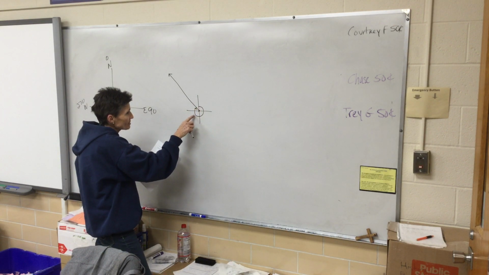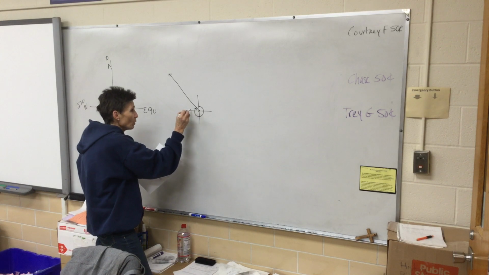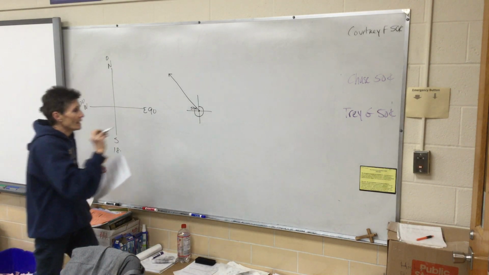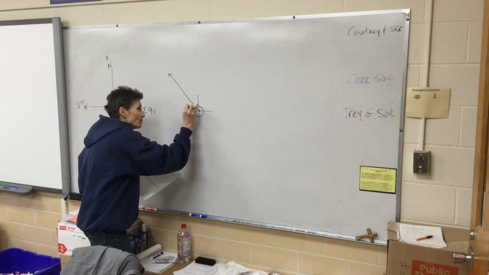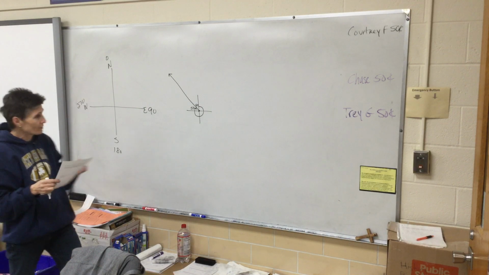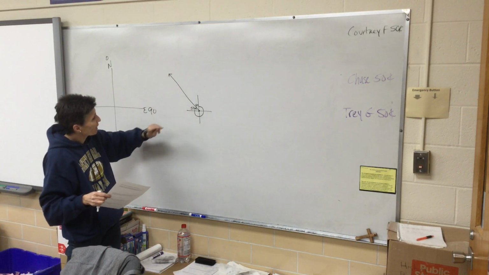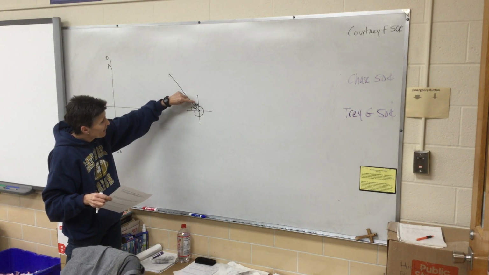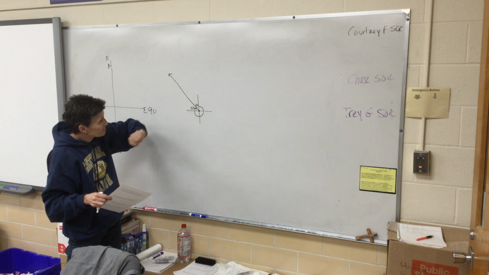If this is 270 and that's 320, wouldn't this be 50 right here? I'll make that 50, and I'll make this 40 just to remind myself. So 320 degrees is up in this quadrant, and that part would be 50, 270 plus 50, and that would be 40, 360 minus 320.